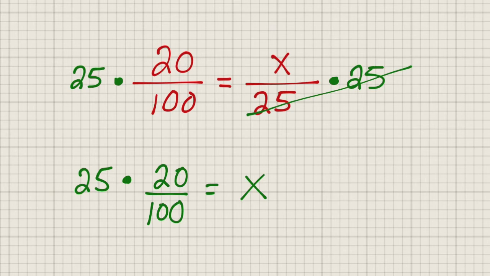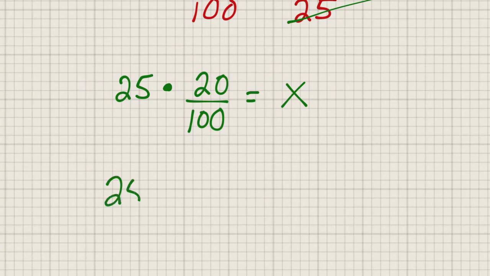Liam said that the percent was 0.2 as a decimal. When you approach it from this method, the fraction is more messy. If you use the decimal, this becomes a very easy calculation. So I would encourage you to do something like this: 25 times 0.20 as the percent equals x.